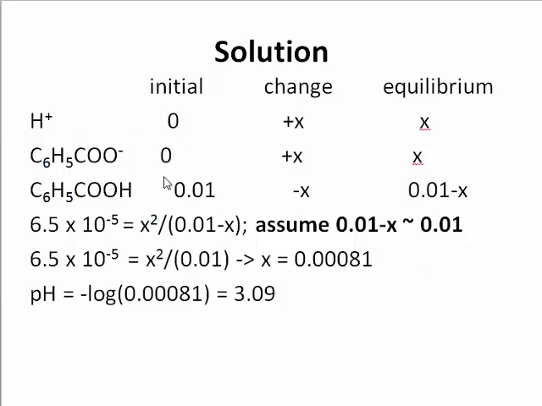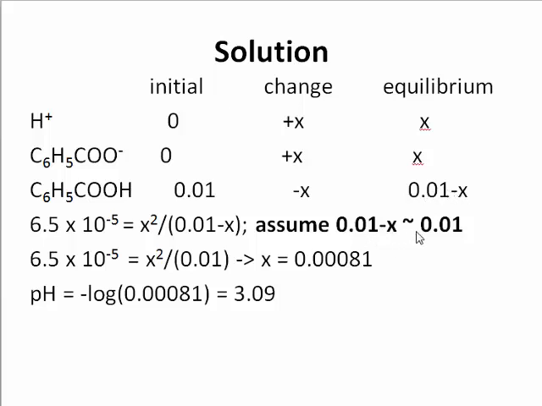Again, initially we assume 0 concentrations of H+ and benzoate, which is the name of the anion in this case, and these increase by X. The benzoic acid concentration is initially 0.01. It will decrease by the amount X, giving 0.01 minus X as an equilibrium value.